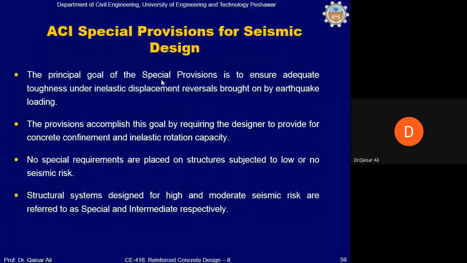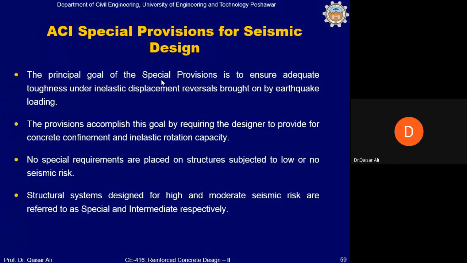If these special seismic provisions are not incorporated, then the R value of 8.5 that we have taken will not be correct, because it is a condition that when you take R equal to 8.5, the connections must be as explained in the next slides.